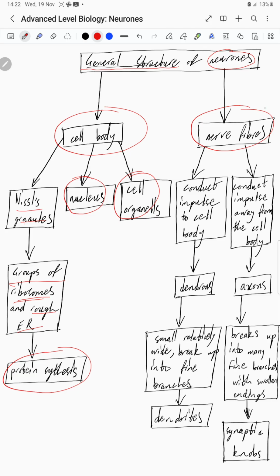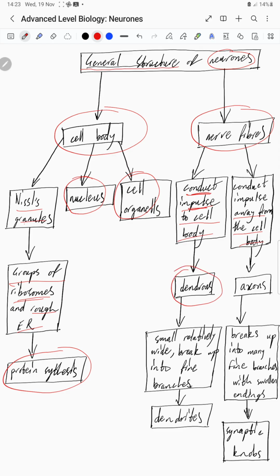Now, going on to the nerve fibers, there are those which conduct impulses to the cell body and those which conduct impulses away from the cell body. Those which conduct impulses to the cell body are called dendrons.